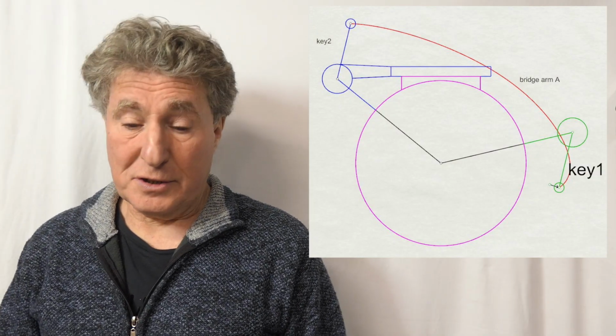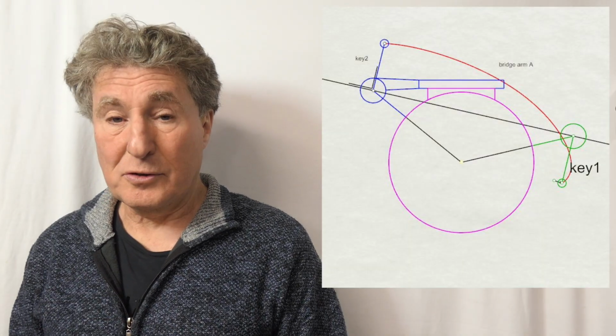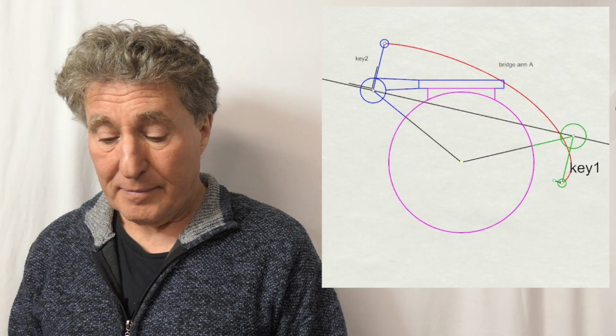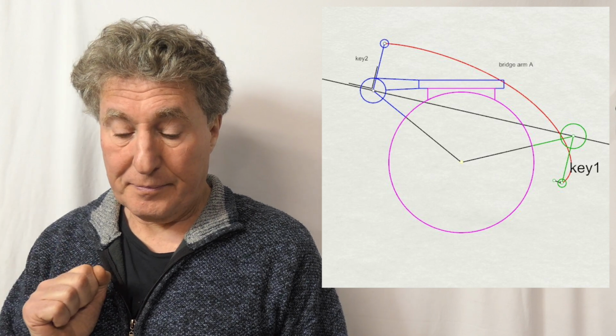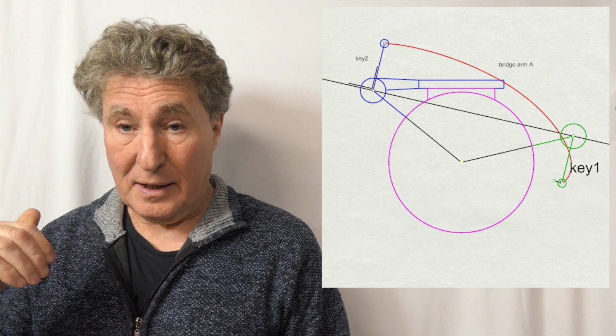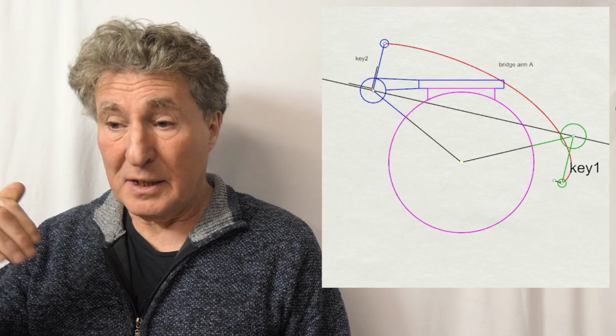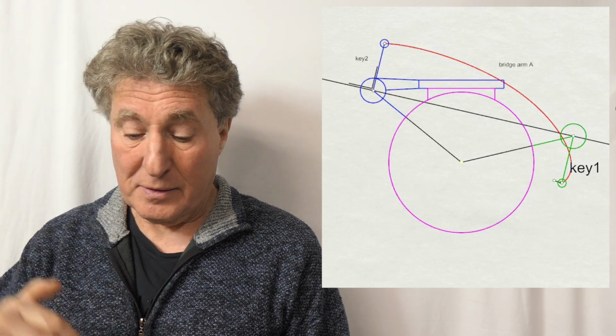To design such a system, you make a drawing and you make a long line that goes through the centers of the movement hinge, and the arms for the bridge link sit exactly square on that line.